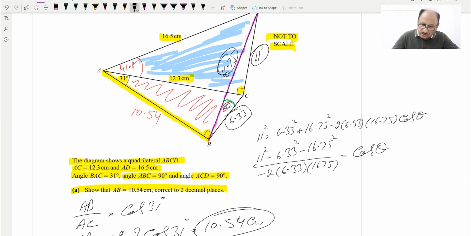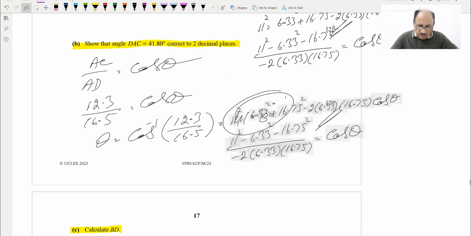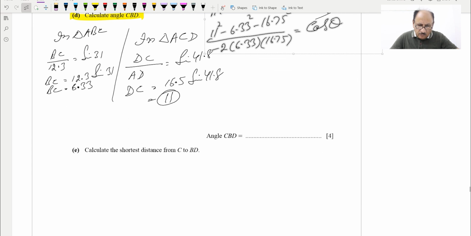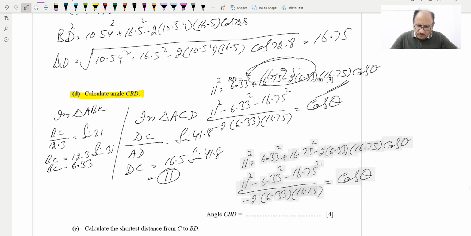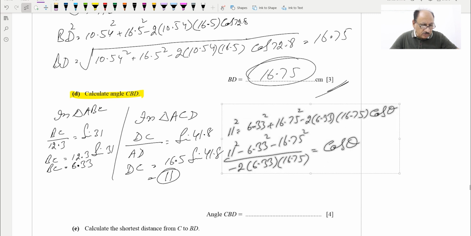I will shift this to the proper location, and then we will complete this step, and that will be our answer for this part. I will change the color as well, so that you can distinguish this.